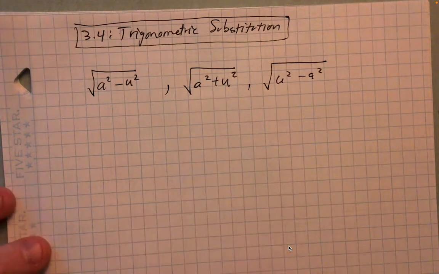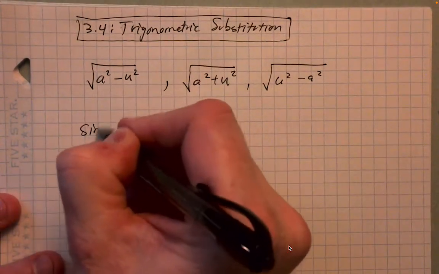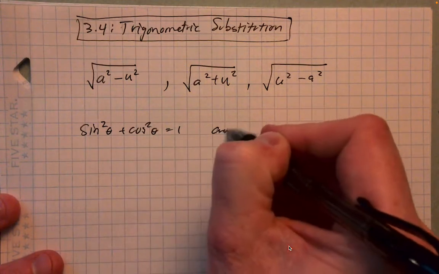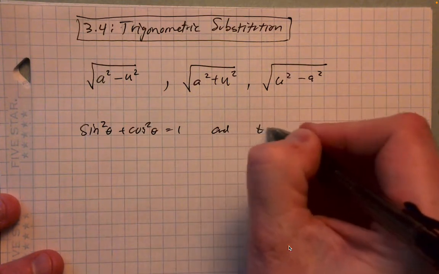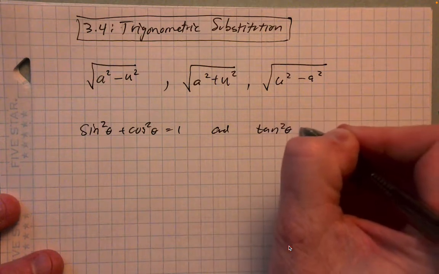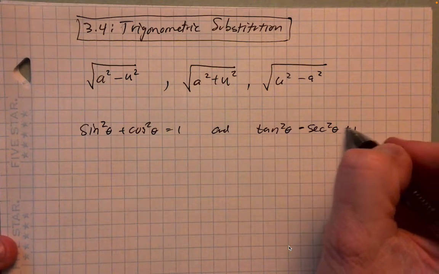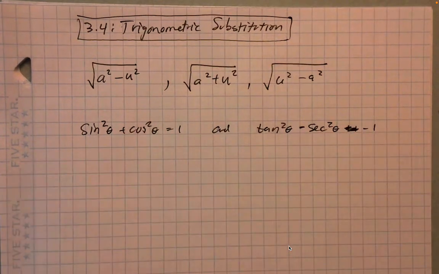So the two Pythagorean identities: sine squared theta plus cos squared theta equals 1, and tan squared theta equals secant squared theta minus 1. All right, so we'll be using these identities to essentially use trigonometric substitution to help eliminate the radical in these expressions and make them something we can integrate.